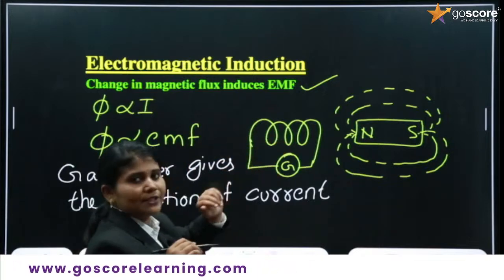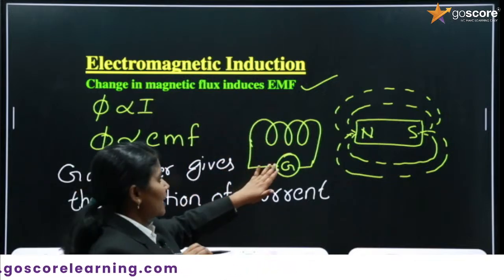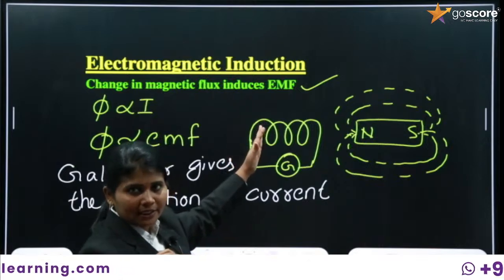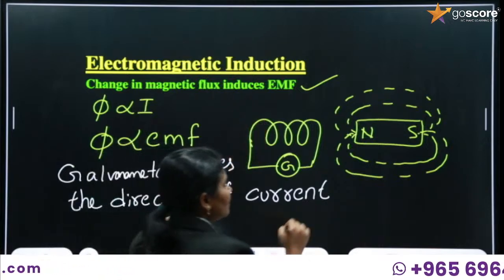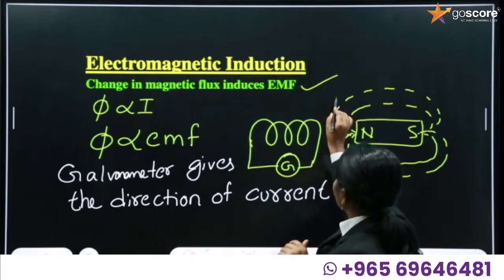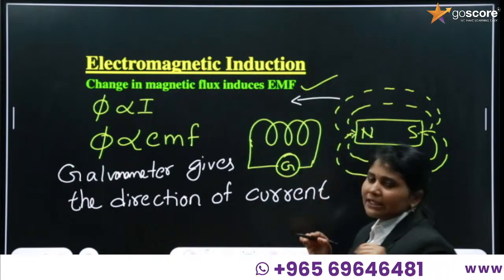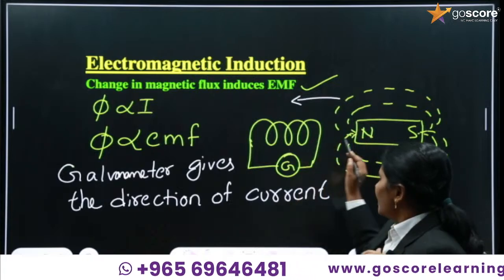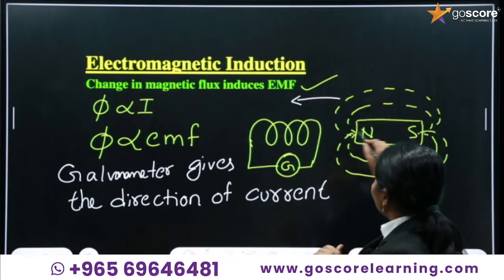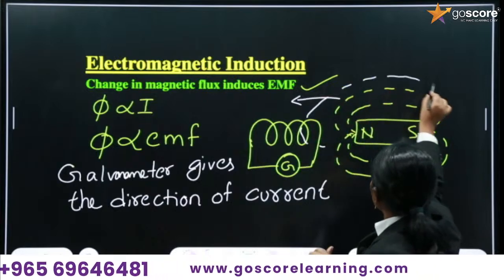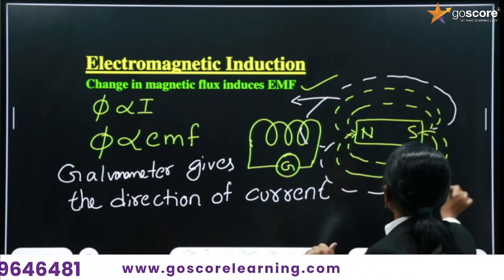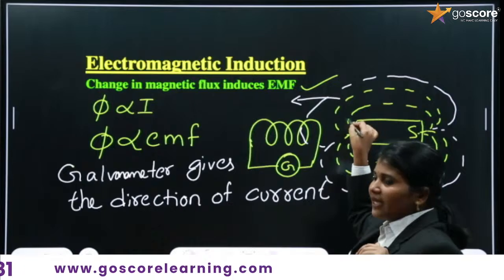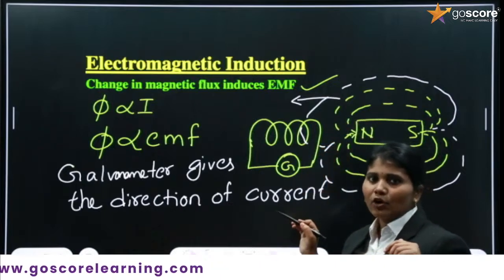So here we are using the galvanometer, connected with the current carrying coil. When the magnet is near the current carrying coil, the magnetic field lines cut the coil.